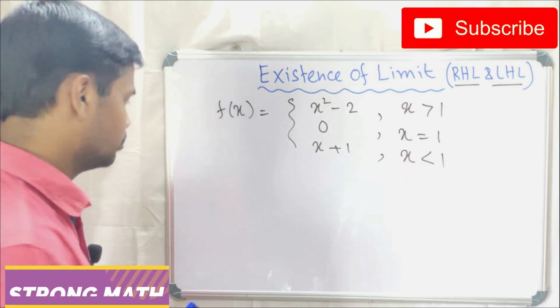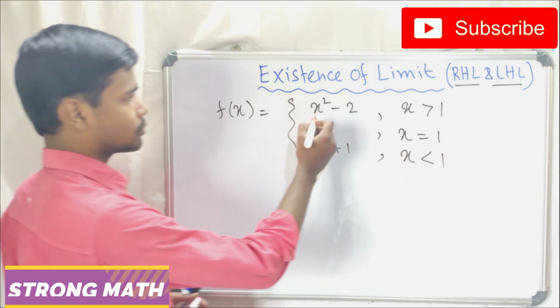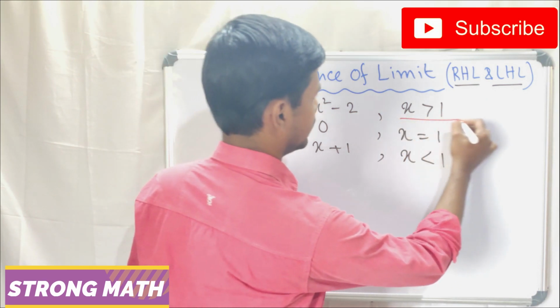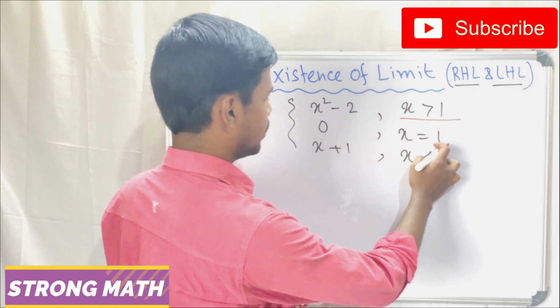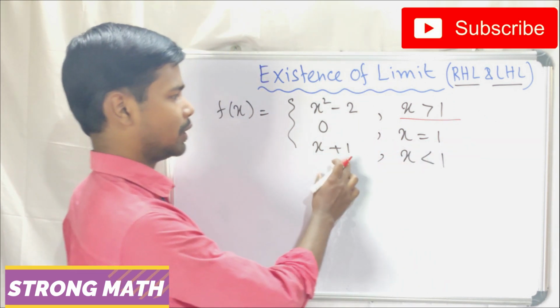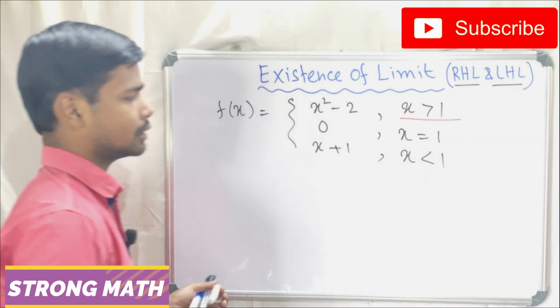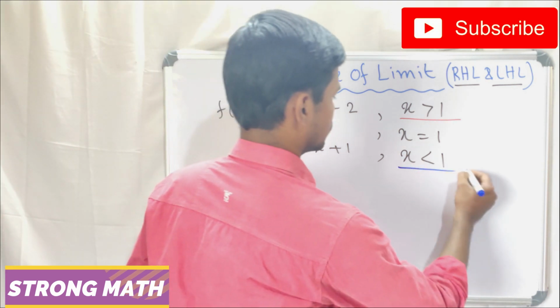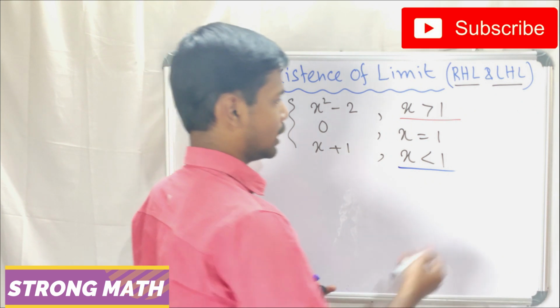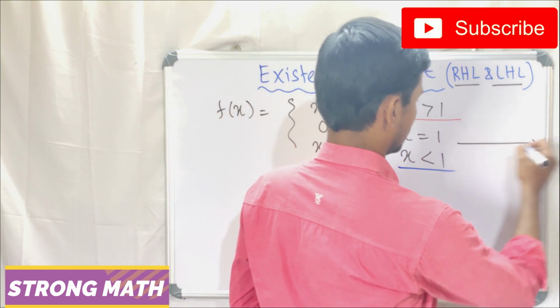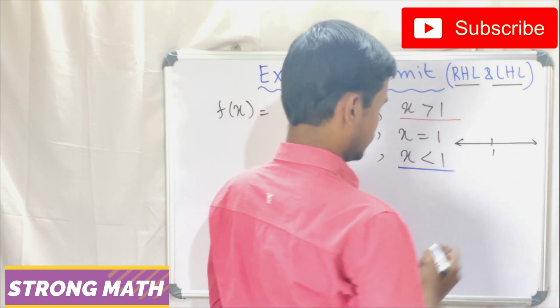Let's discuss another example. f of x equals x square minus 2 when x is greater than 1, f of x equals 0 when x is 1, and f of x equals x plus 1 when x is less than 1. If we draw the number line, you can imagine this is the point 1.